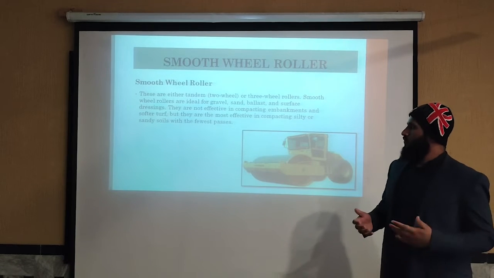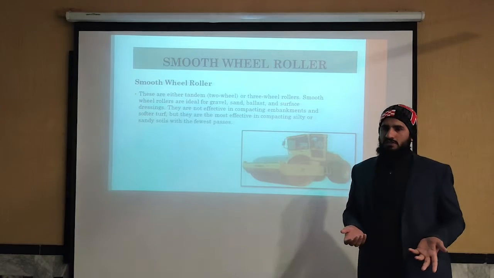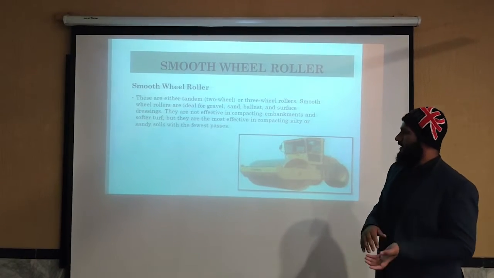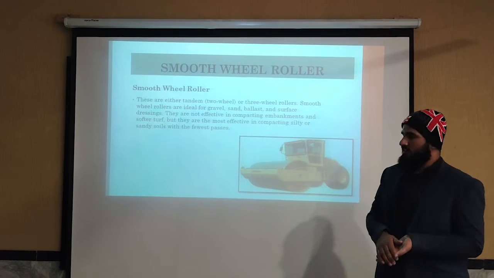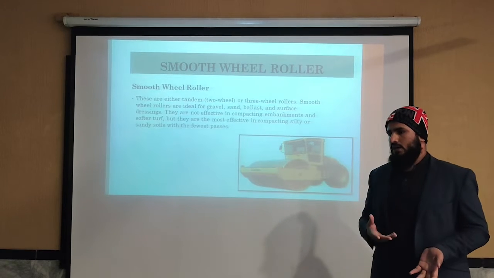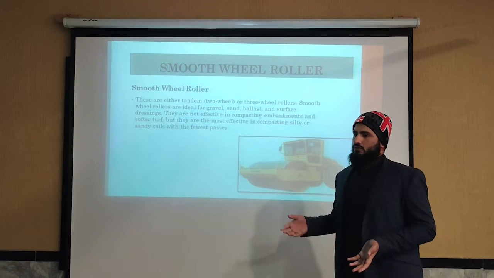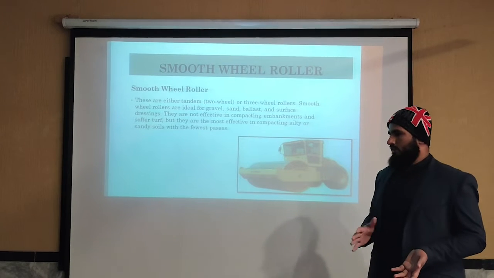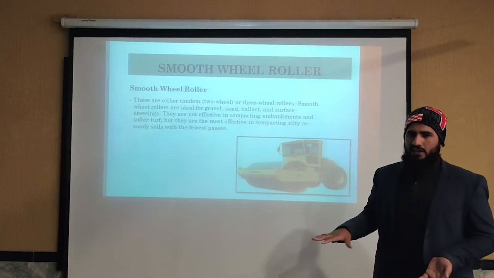But for what purpose can the smooth wheel roller be used? It is ideal for gravel, sand, blast and surface dressing. When we are dealing with silt and clay soil, we can use the smooth wheel roller because it can easily compact silty and clay soil.